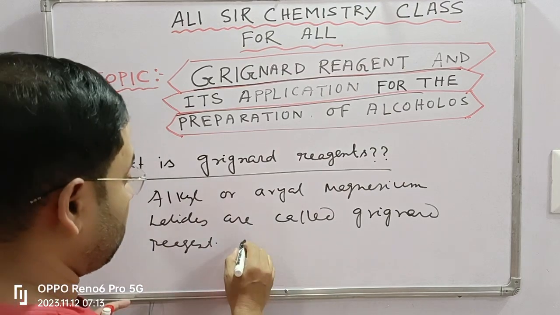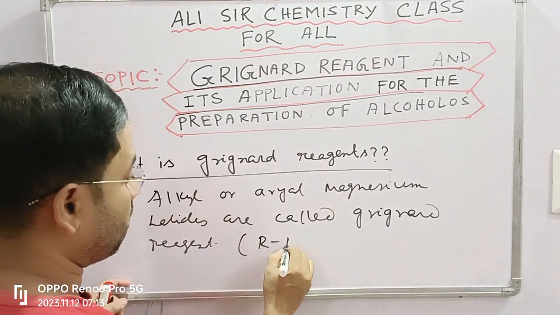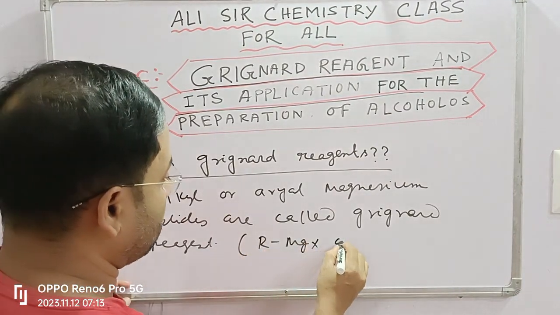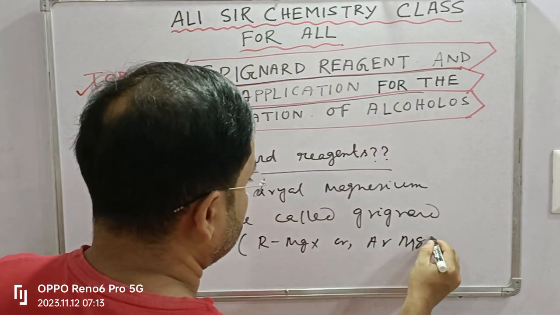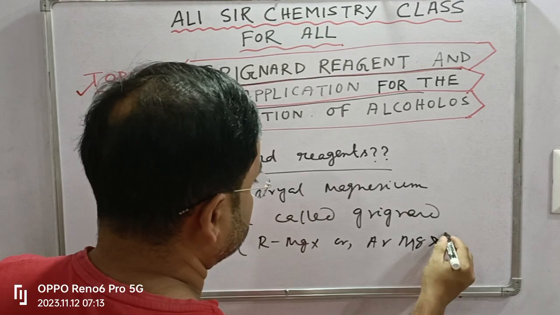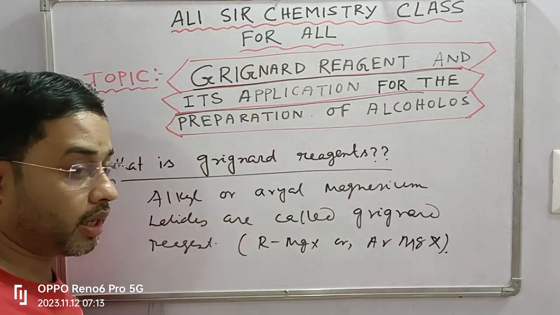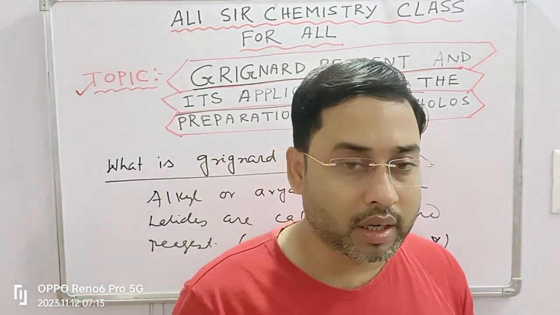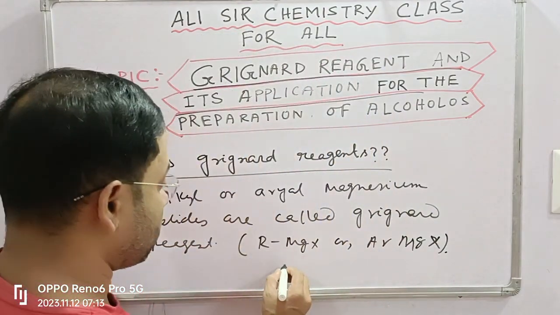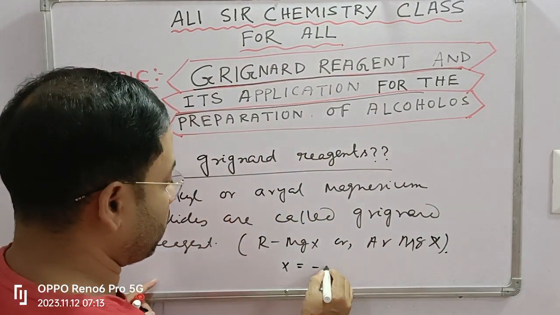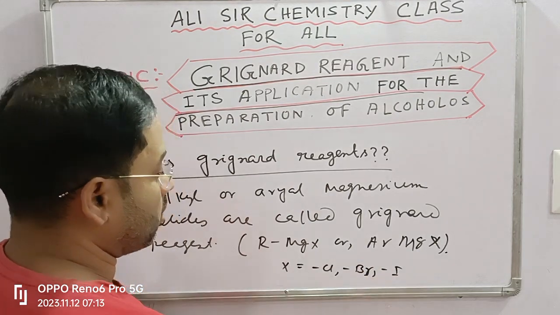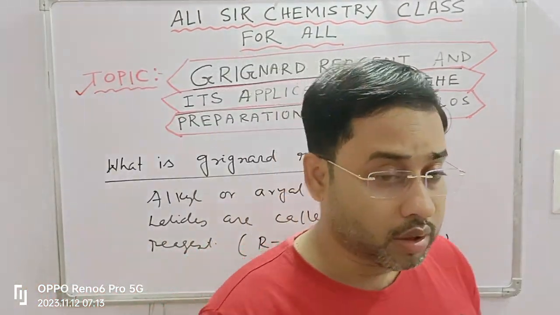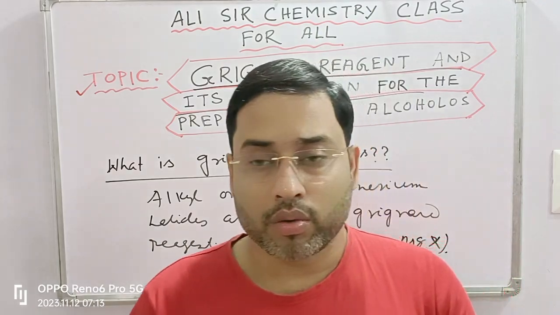It is represented by RMgX or ArMgX. R is an alkyl group or Ar is an aryl group, and X is chlorine, bromine, or iodine. So, in short, the alkyl or aryl magnesium halides are known as Grignard reagent.